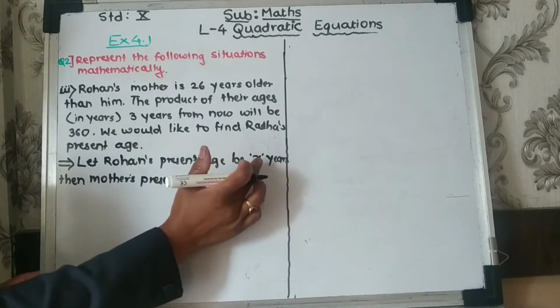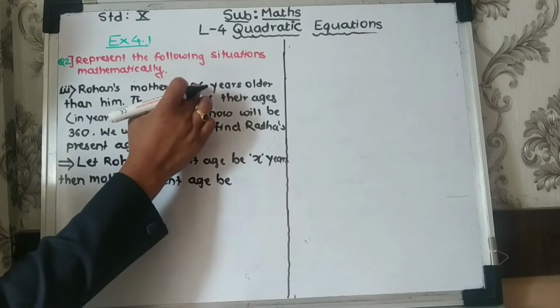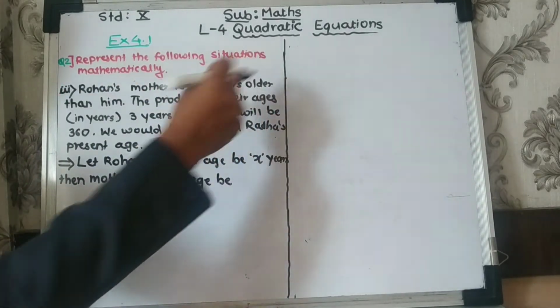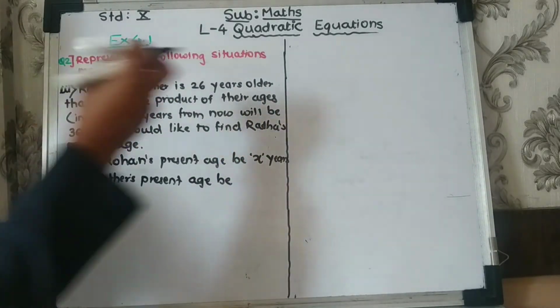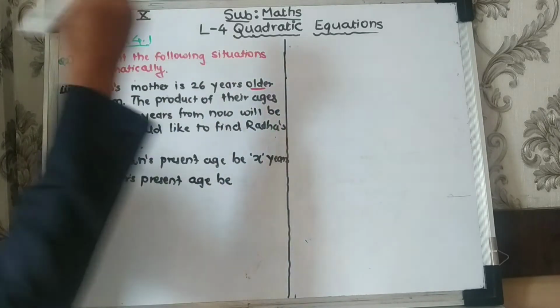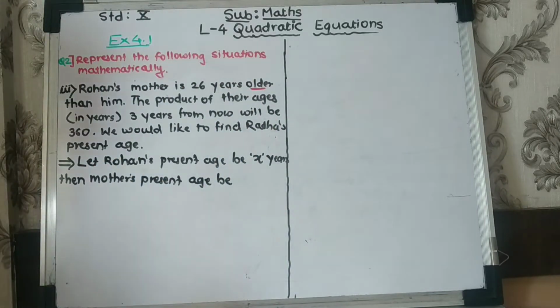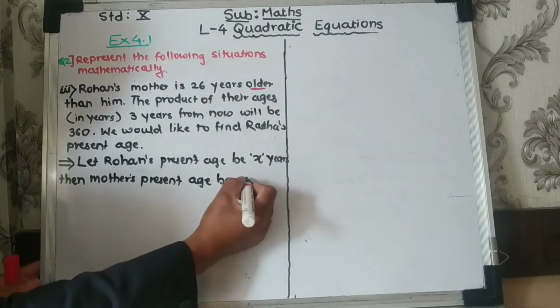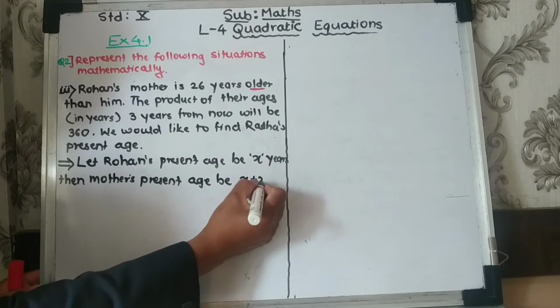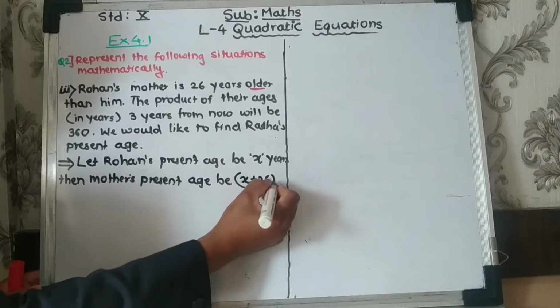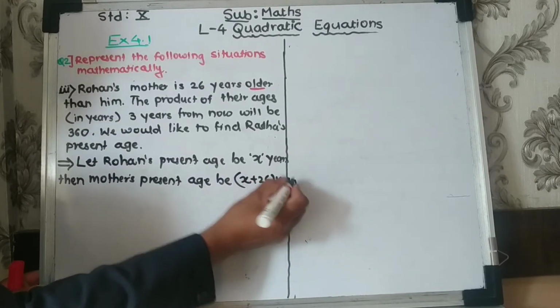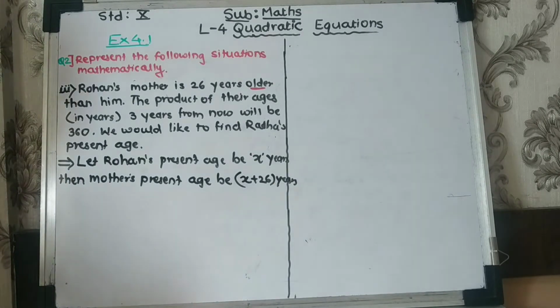Whatever the age of Rohan, she is older. So older means she is 26 years older than Rohan, right? Mother is older than Rohan, of course. So x plus 26, that one will be the age of mother. Got it?